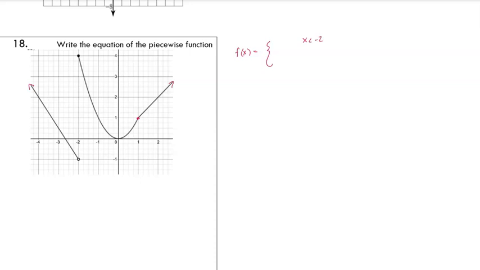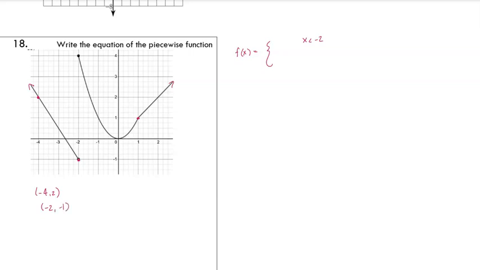Then we can figure out using points. Let's just use that point, negative 4, 2, and negative 2, negative 1.